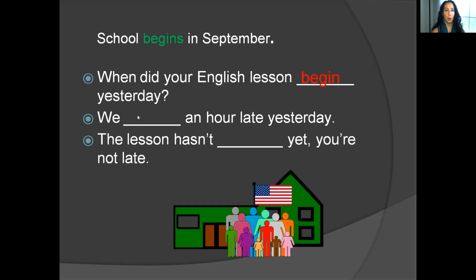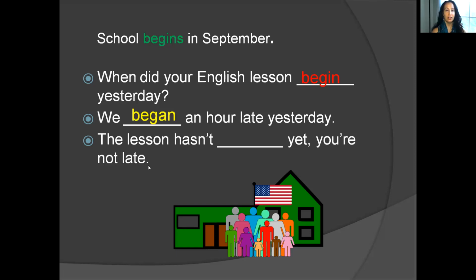There you go. We blank an hour late yesterday. We began an hour late yesterday, or we begun an hour late yesterday. Which one? Began. The lesson hasn't blanked yet.